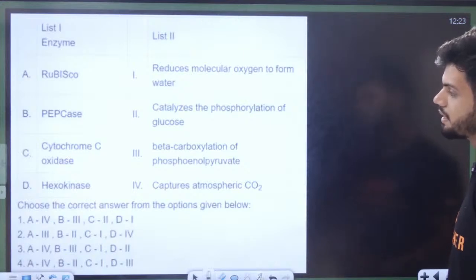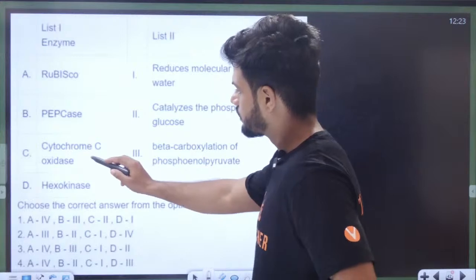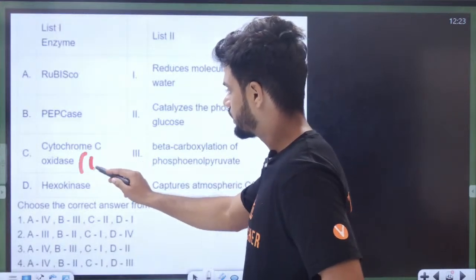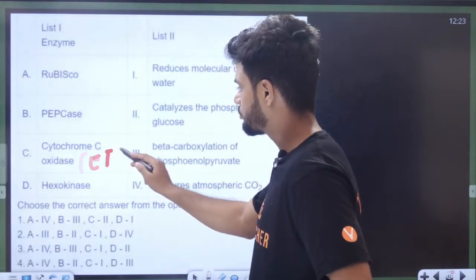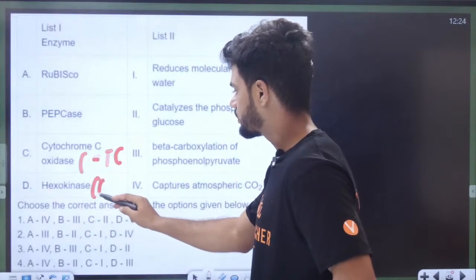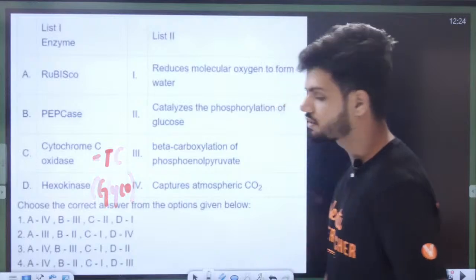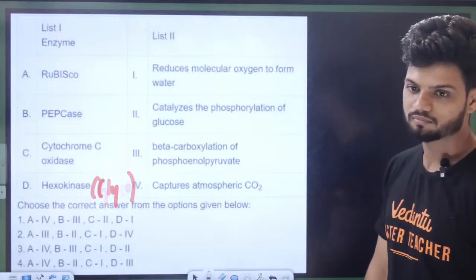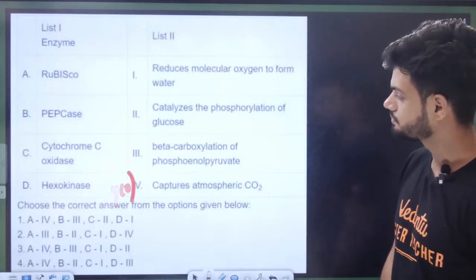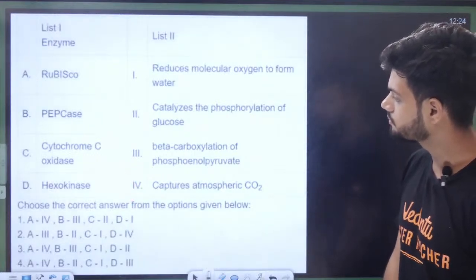Next question again. RuBP, PEPcase, cytochrome C. This is part of your electron transport chain, this is part of your glycolysis. This is a very good question, a mixture of two chapters.